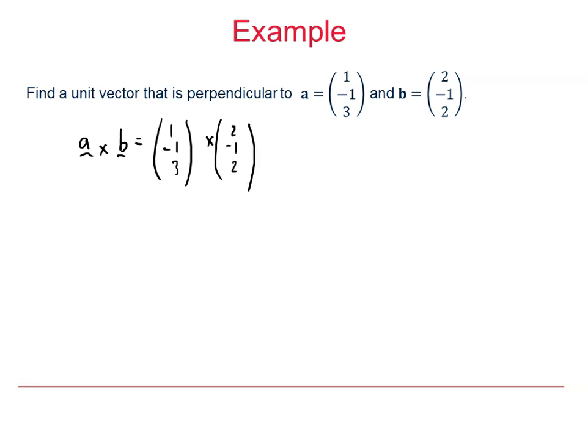In the last video I did this by using component form, so I'm going to use the determinant form and say that this will be equal to the determinant i, j, k, and then the components 1, negative 1, 3, and 2, negative 1, 2.